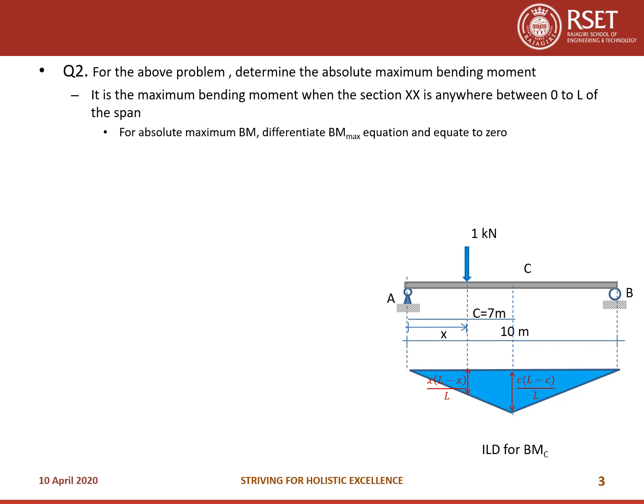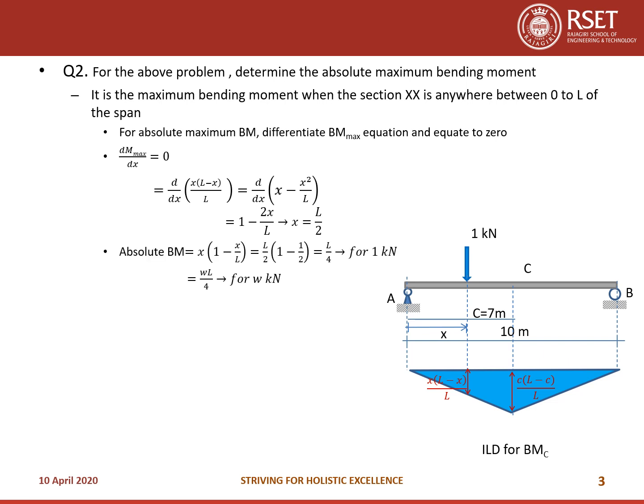So we have to differentiate the bending moment equation, which is x into L minus x by L at any given section x. So you do that, you will get x is equal to L by 2. So at x is equal to L by 2, you will be getting the maximum bending moment for the entire span.